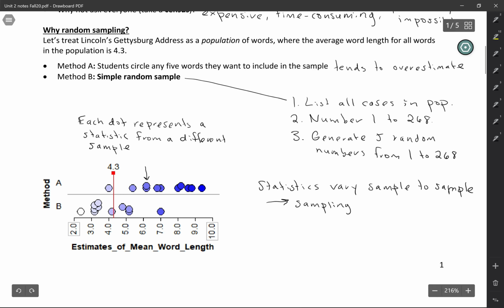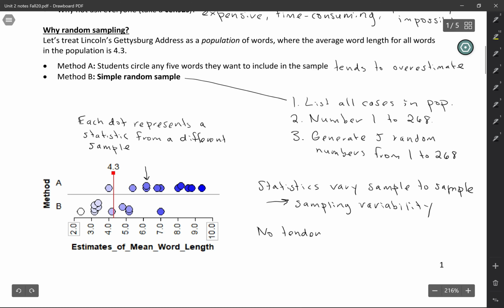So that's just the idea that if I take a random sample and calculate a statistic, and you take a random sample and calculate a statistic, we're not going to get exactly the same thing. That's sampling variability. But if we look at the simple random sample, there's no consistent tendency to over or underestimate.